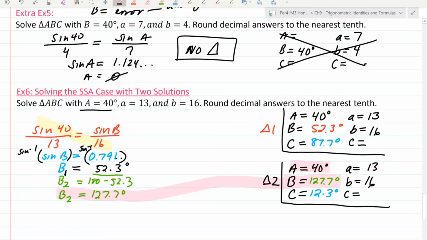Then we just finish off the problem. You must use this because that was the given information both times.